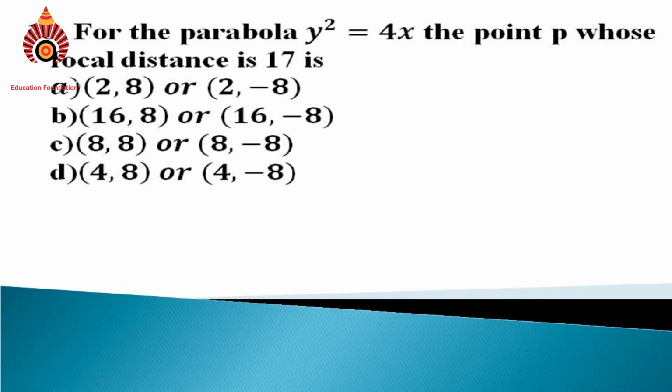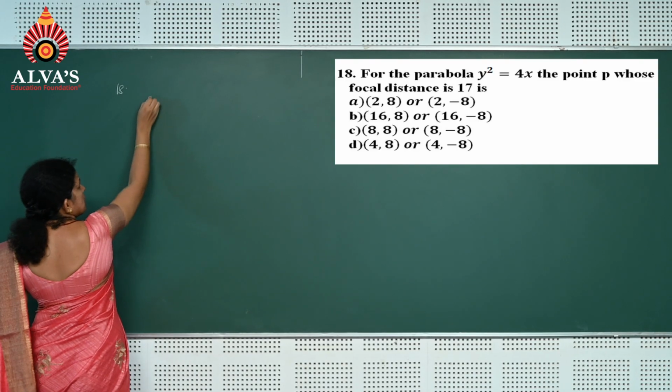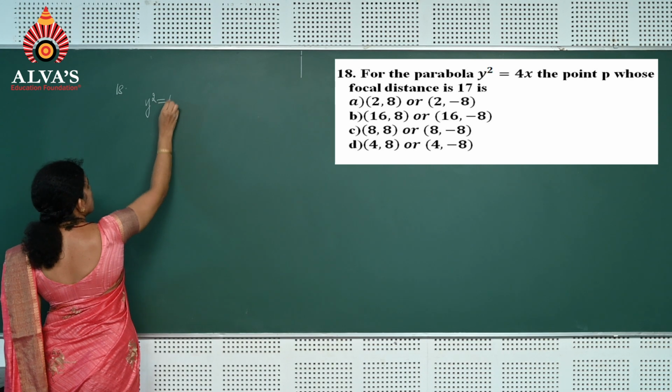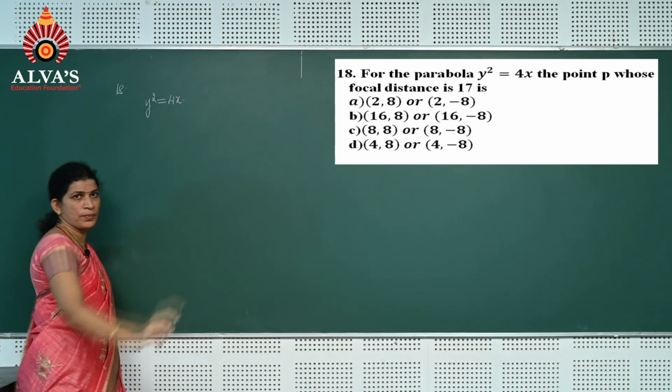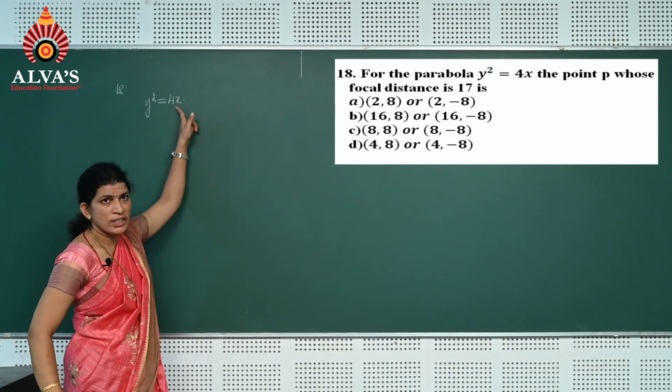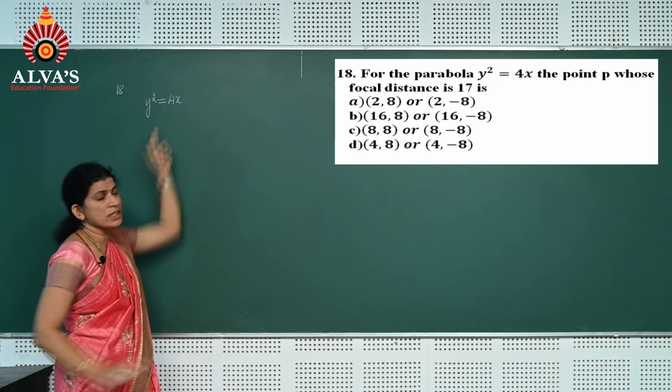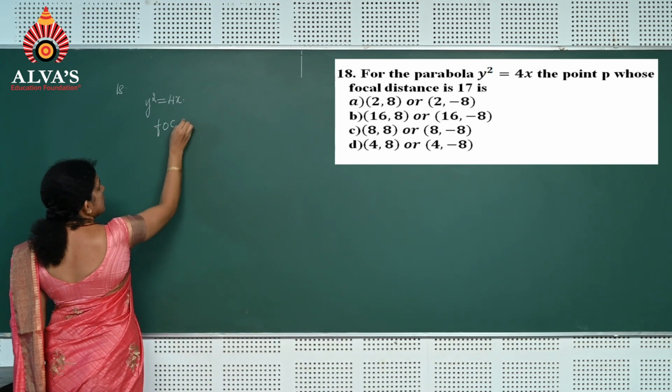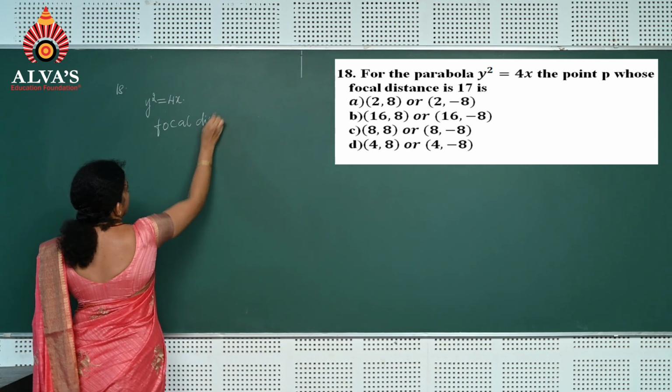Come to question number 18. The question is, for the parabola y square equal to 4x, the point P whose focal distance is 17. See, the parabola is y square equal to 4x. We want the point P on the parabola such that the focal distance is given.